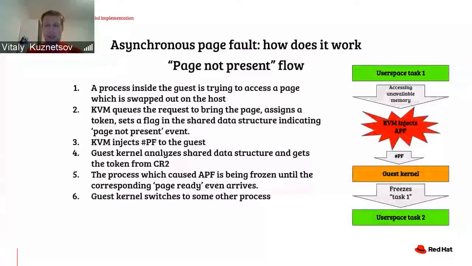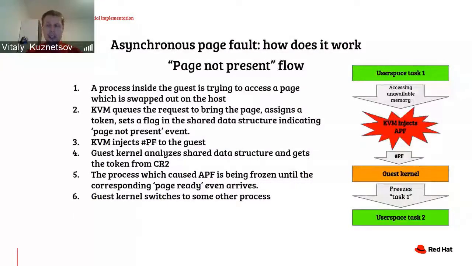So how does it all work? Imagine there is a user space task and it's trying to access some memory which is not available on the host. KVM injects this asynchronous page fault page not present event, as a page fault exception. We get into the page fault handler in the guest kernel, and the guest kernel analyzes this shared memory structure.